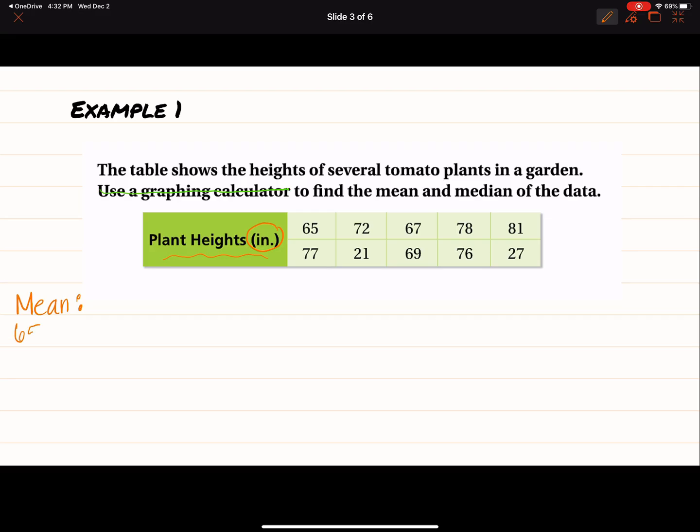So 65 plus 72 plus 67 plus 78 plus 81 plus 77 plus 21 plus 69 plus 76 plus 27. I'm going to grab my calculator here and add all those together.